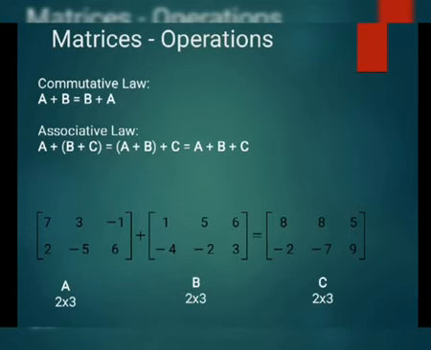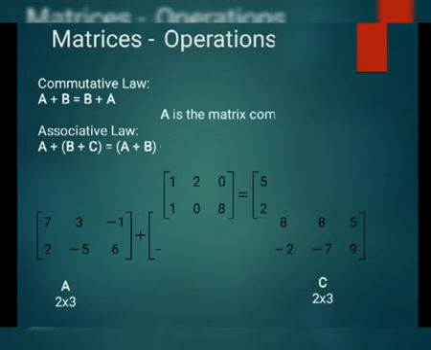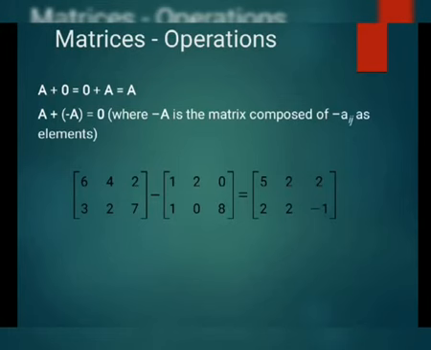Now, this again has two more properties. The first property is A plus 0 is equal to 0 plus A equal to A. It means that it also holds the identity property.